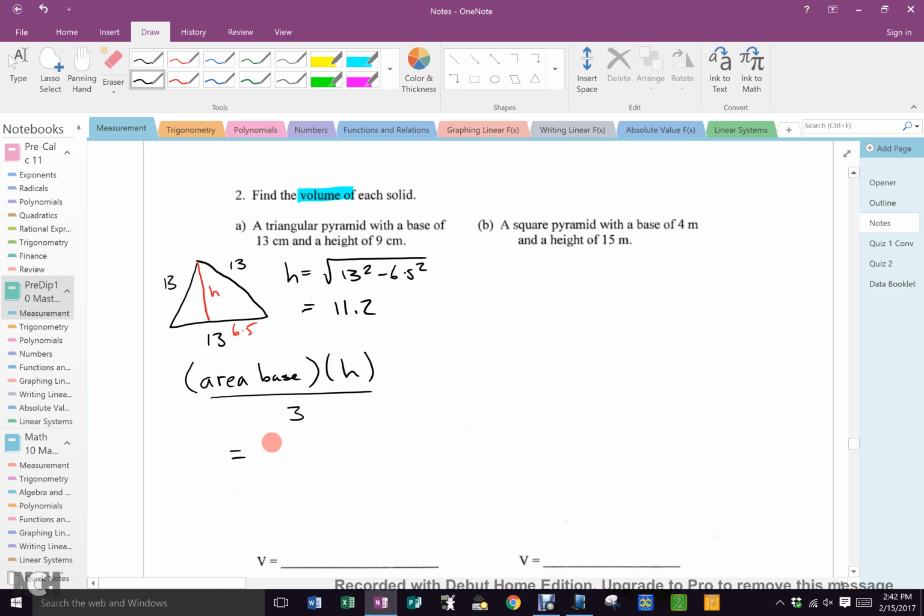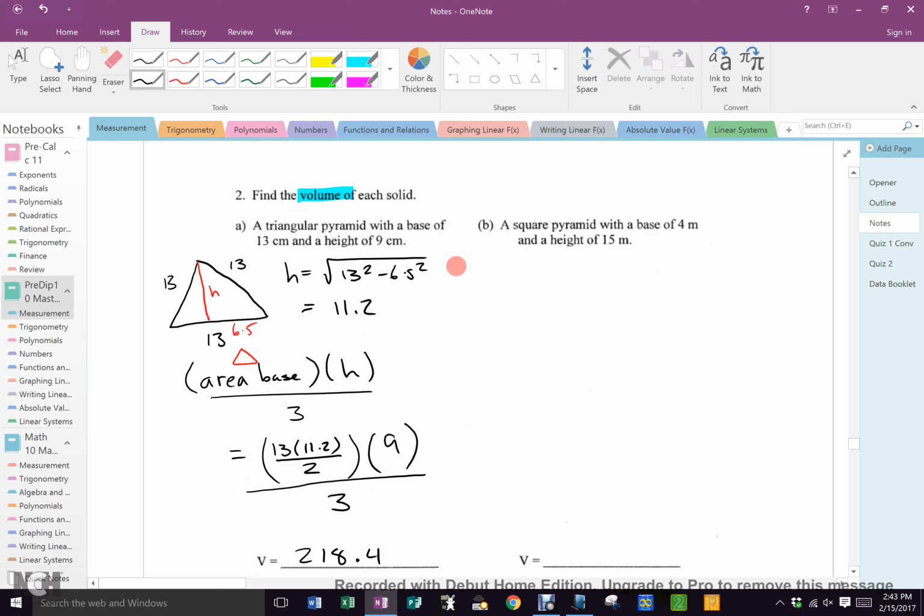The area of the base in this case, since the base is a triangle, is 13 times 11.2 divided by 2, all of that times my height, which is 9, and then all of that divided by 3. And that gets me 218.4.